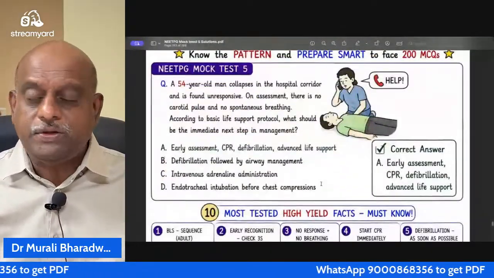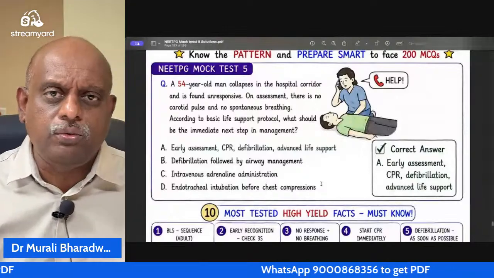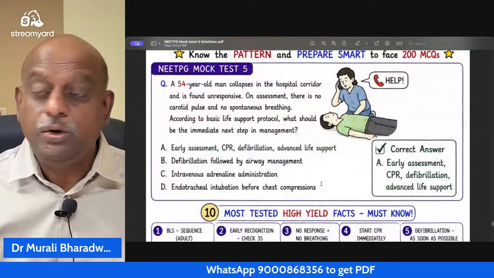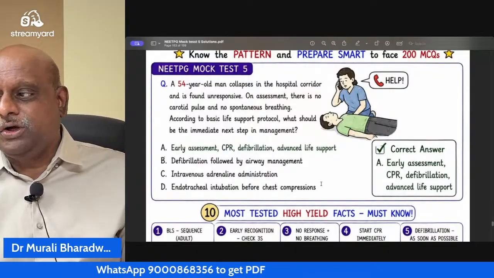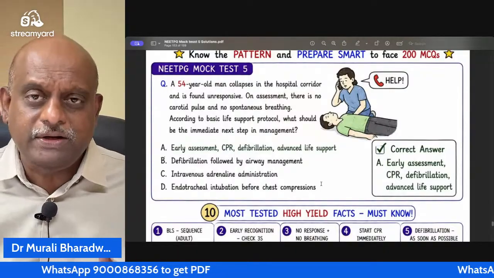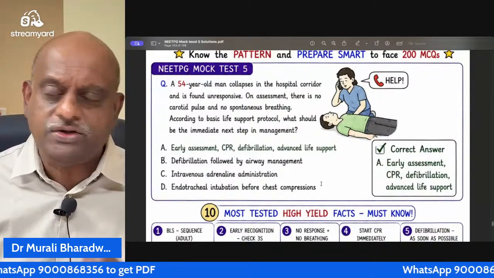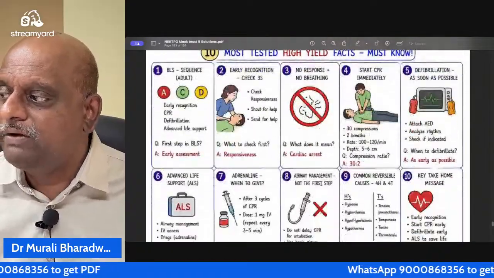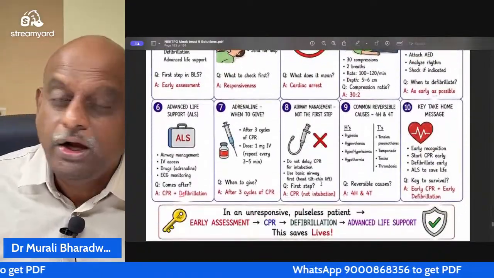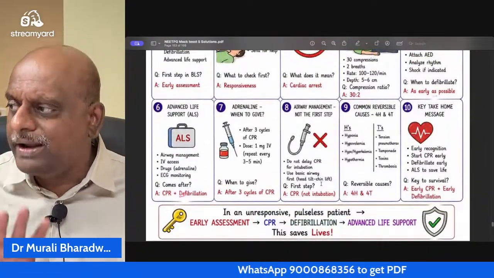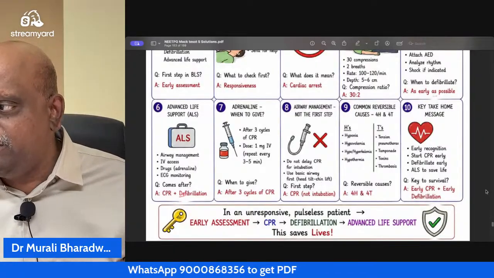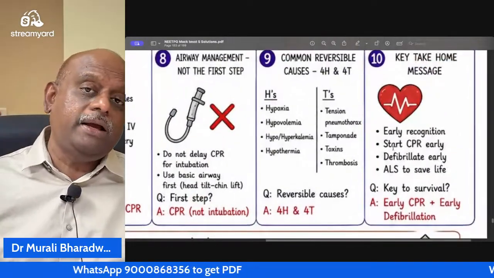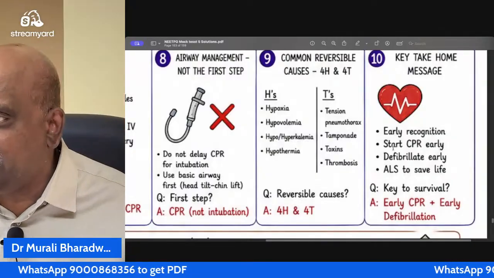54-year-old man collapses in the hospital corridor and found to be unresponsive. No carotid pulse, no spontaneous breathing. So we need to do early assessment, CPR, defibrillation, advanced life support, and you need to be very sure. So what are the common reversible 4H and 4Ts? Hypoxia, hypovolemia, hypokalemia, hyperkalemia, hypothermia.